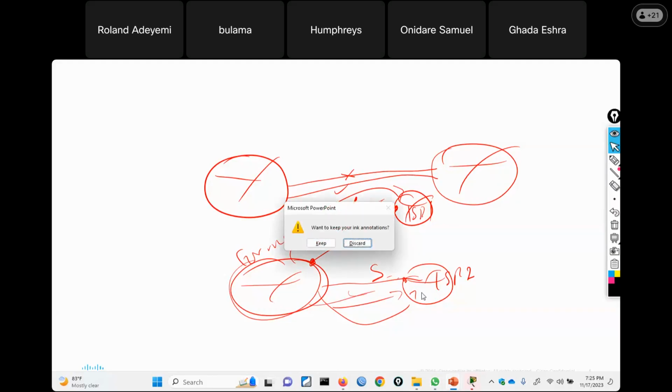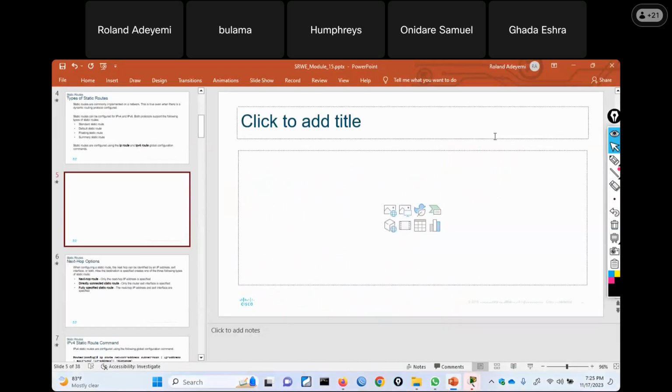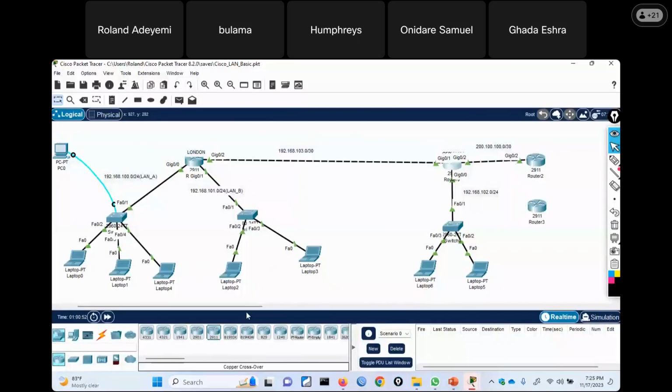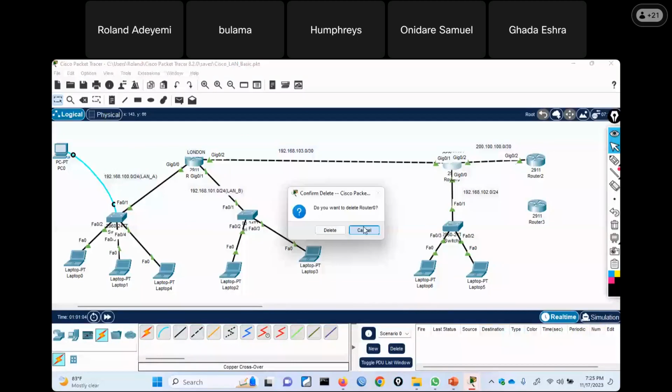Let me just go to the topology and see, do I have another connection on that? Okay, let's bring in another router. Let me show you this. I don't have port again. Let me yank off one of my ports. Let me get rid of this port. So this is just to demonstrate.